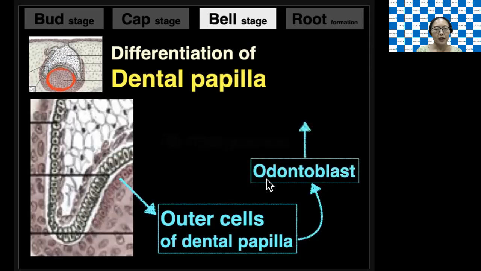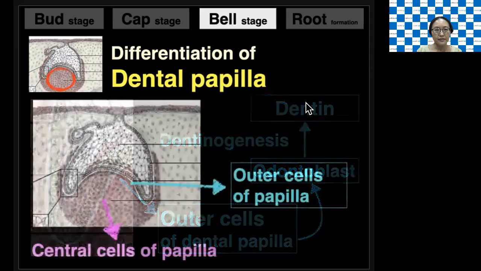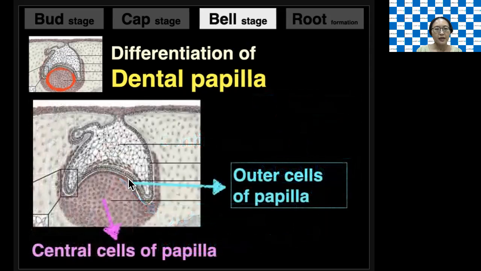And through the process of dentinogenesis, they will produce dentin in the future. And the other part of the dental papilla, the central or inner cells of the dental papilla, will be surrounded by the future crown and roots, and form the pulp in the future.